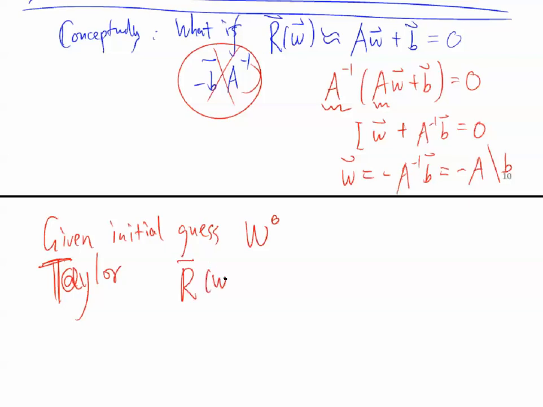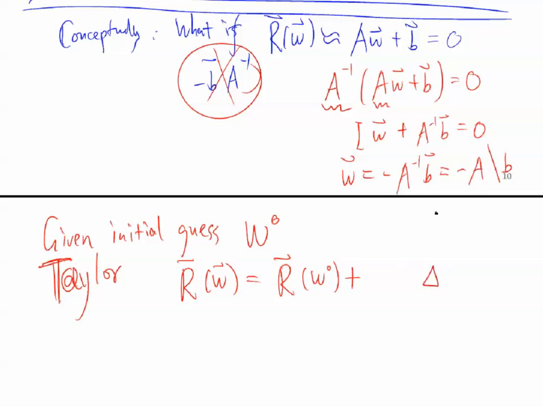Okay, R(W) is equal to R(W0). Anybody? Go on. Plus delta T. No delta T in R, right? Plus delta W, exactly.